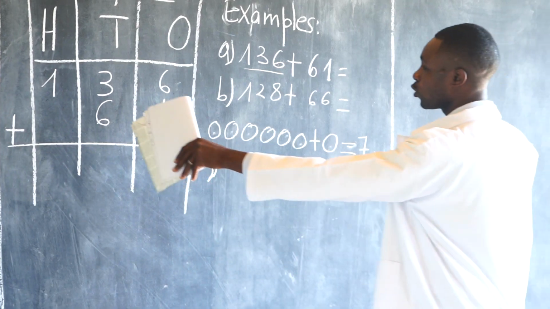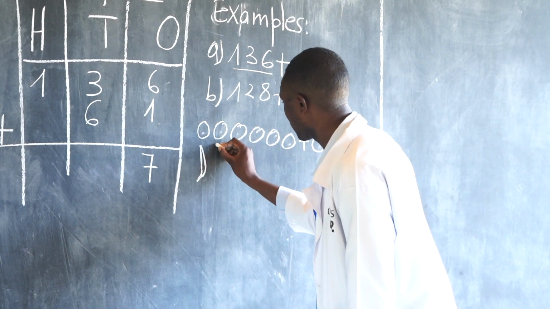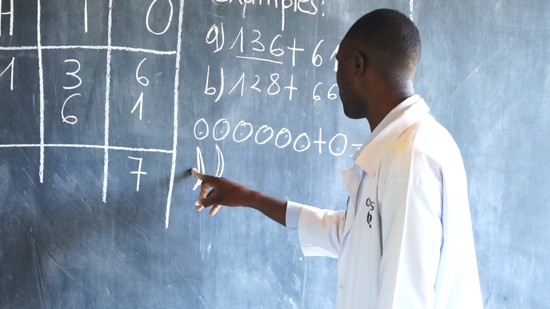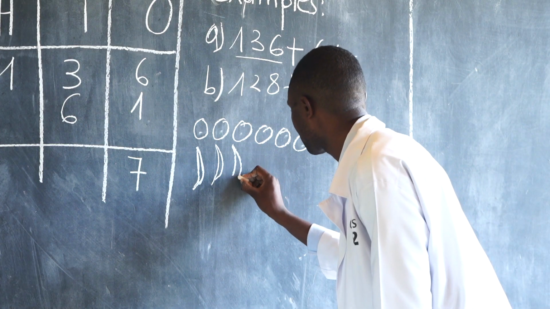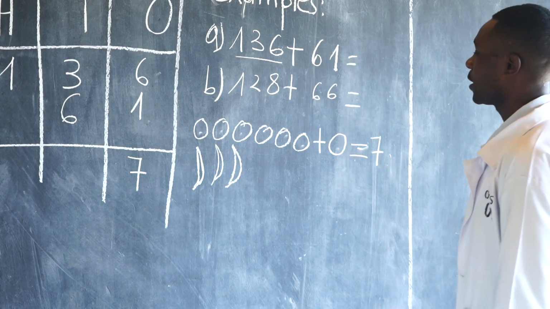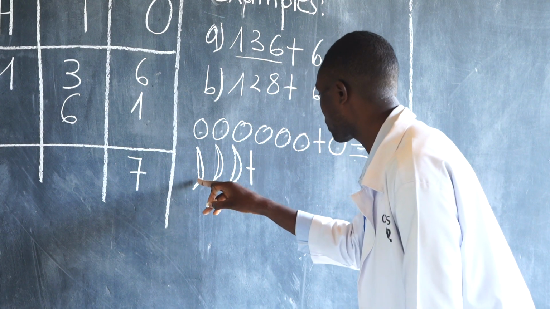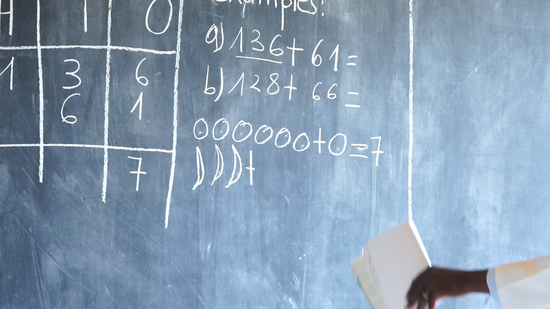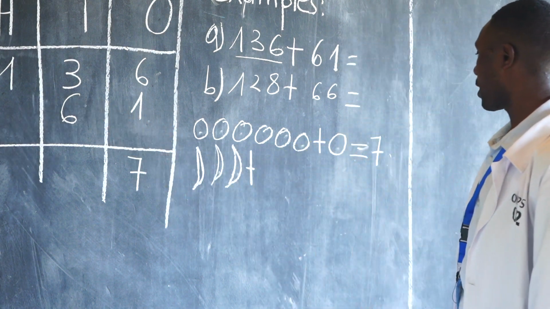Now we have to draw 3 bananas. This one is 1 banana, 2 bananas. Now let us draw another one. Now it is 3 bananas. 1, 2, 3 bananas.